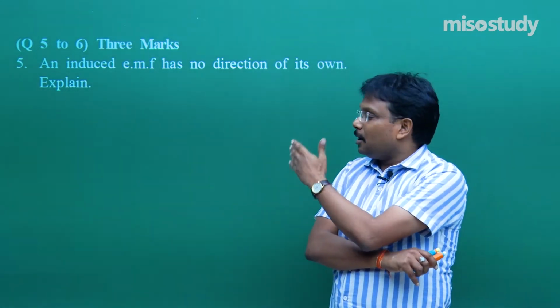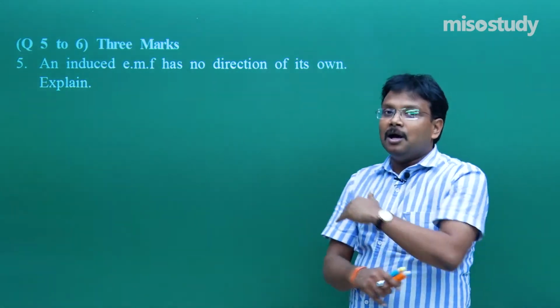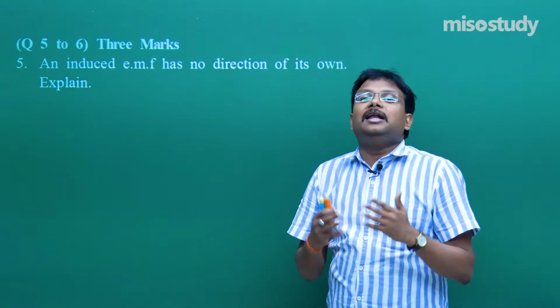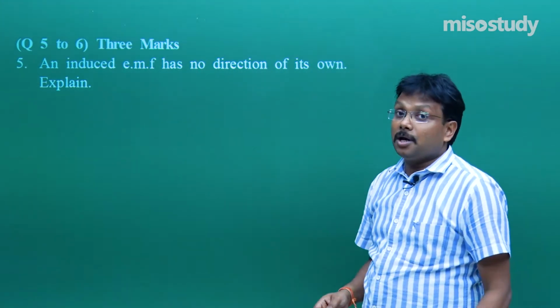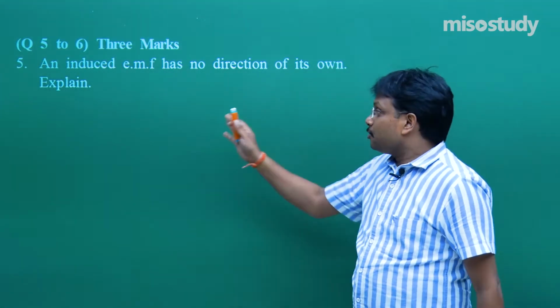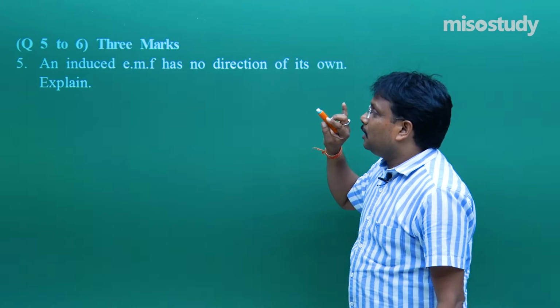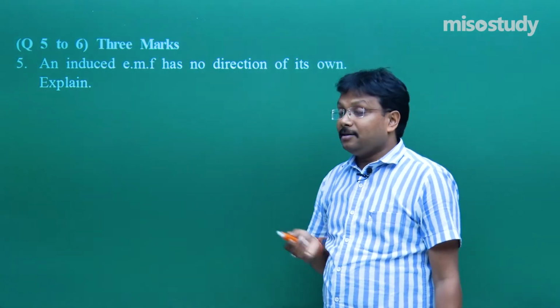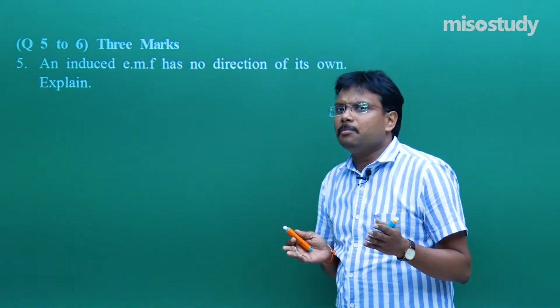So, this question is basically a way of asking Lenz's law indirectly. So, here you have to explain Lenz's law, because in Faraday's law the direction is not mentioned. Fine. So, if in this question you write only Lenz's law, then some examiner may deduct 1 mark or so.